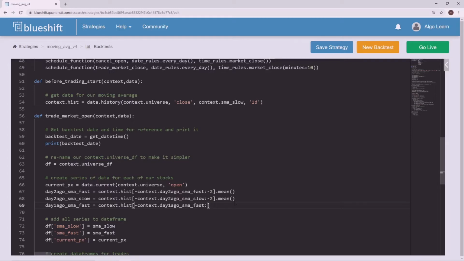And then we're going to go into the data set basically 5 days. So we're going to pull in 5 days worth of data starting from yesterday's close. And we're going to take the mean of those 5 days. And so this will give us our 5-day moving average as it stood yesterday. All right. So day 1 slow, and let's go ahead and get the 10-day moving average as it stood at close of yesterday.